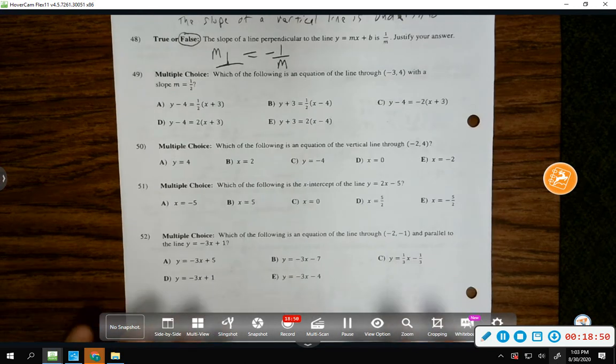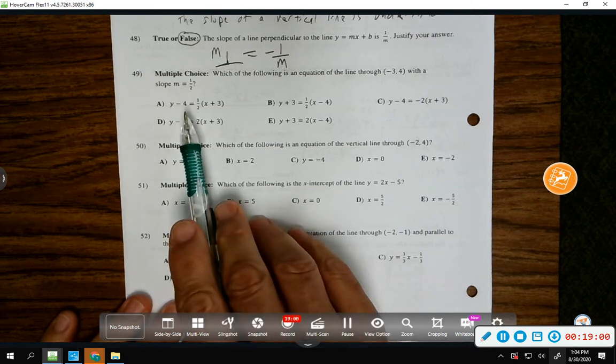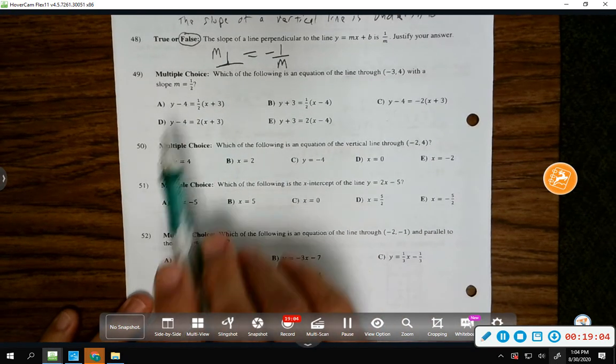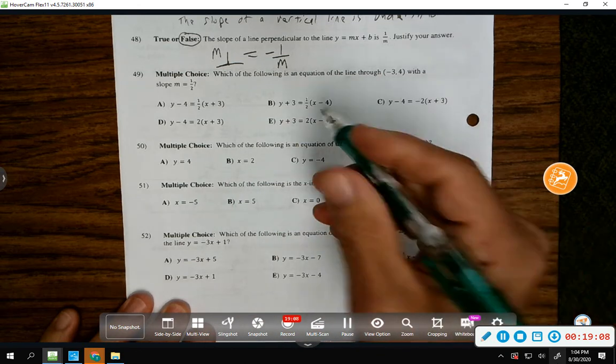49. Which of the following is an equation of the line through this point with a slope of 1/2? Notice, some of these are in point slope form. Now you just do have to remember this is y minus the y coordinate. So I need a y minus 4. These two are out.